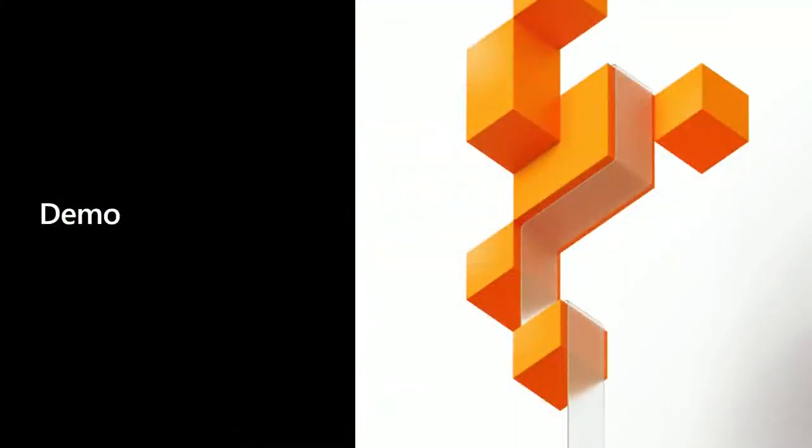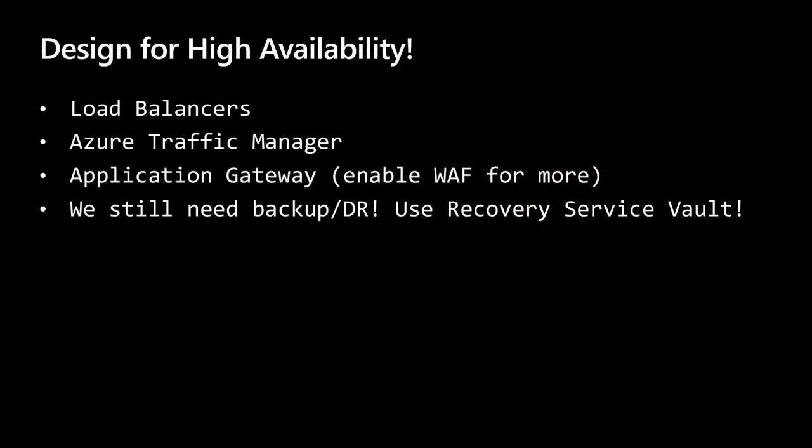Okay, let's move on. What else do we need to consider? We still need to consider high availability. Again, just putting things in Azure doesn't guarantee a high SLA. We still need to consider how we design our infrastructure. For virtual machines, we have options for load balancers.